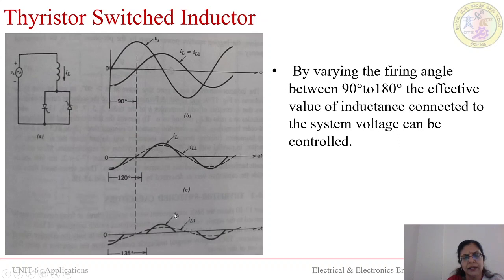So if inductance value increases means reactance increases. Reactance increases means current will decrease, which means reactive power is further reduced. So we can conclude that just by varying alpha above 90 degrees, reactive power compensation can be easily done.